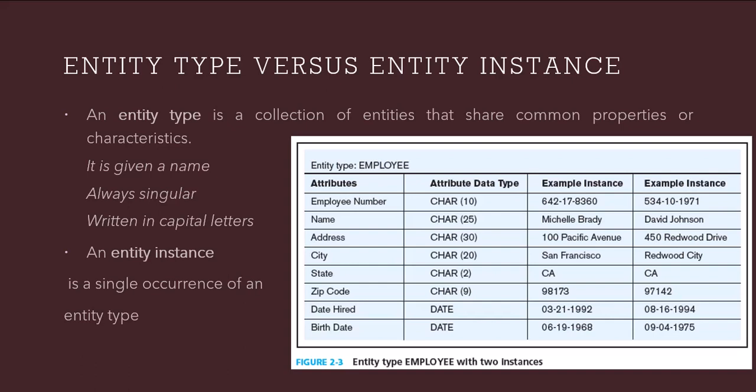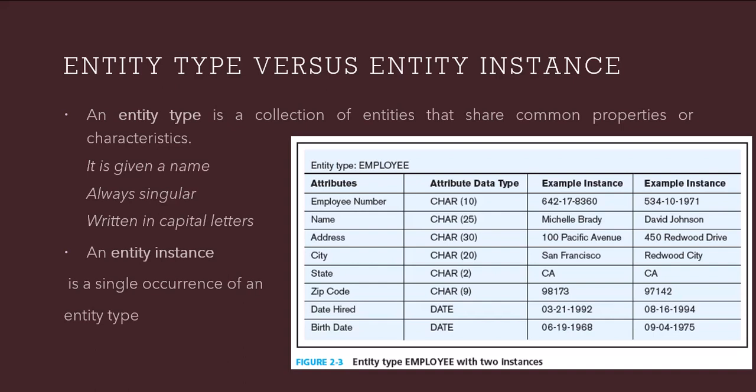For example, if we see this table, EMPLOYEE written in capital letters is the entity type, or we can say the table name. Later, when we convert the entity into a table, we can say the employee table.